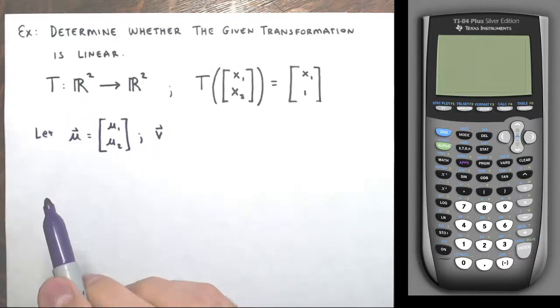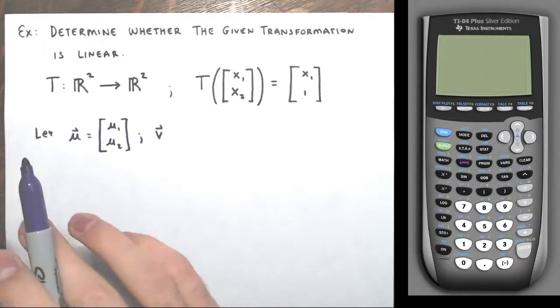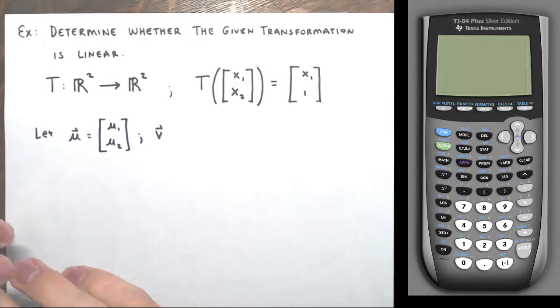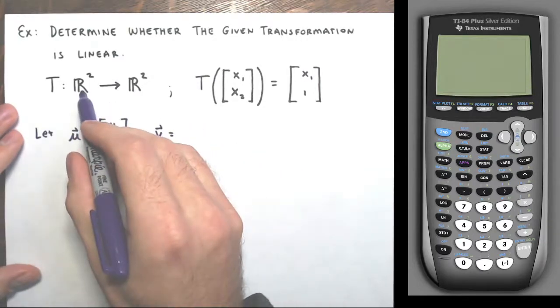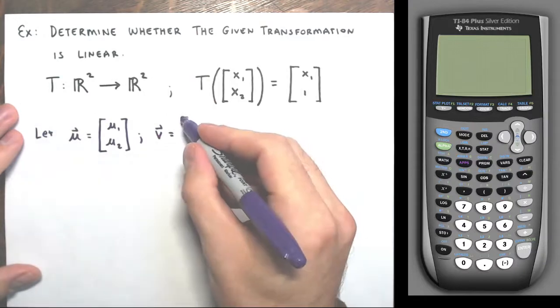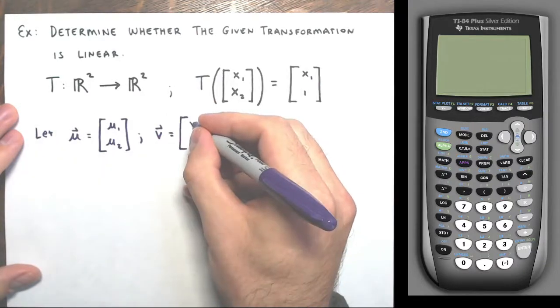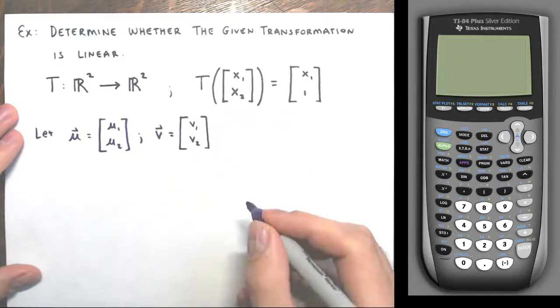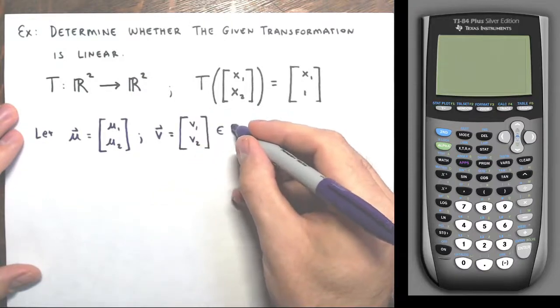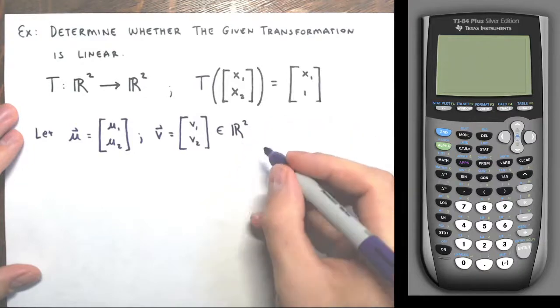I'm not using specific numbers. I want to make sure that this is true for all vectors from the domain. So say v is another general vector from the domain R2, and say its components are v1 and v2.